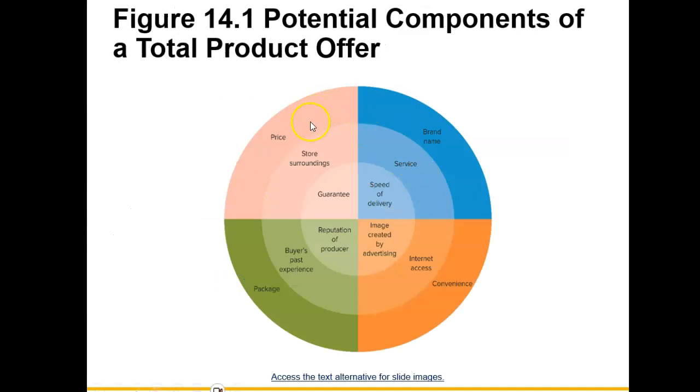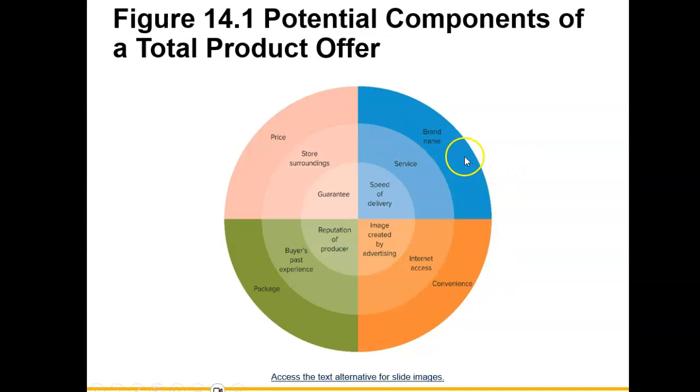Okay? So this graph shows potential components of a total product offer. So we won't go through all of these, but things such as pricing would be important, packaging of the product, convenience. How can I access this product? Can I get it from the internet?